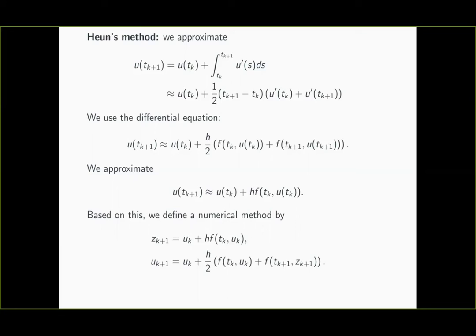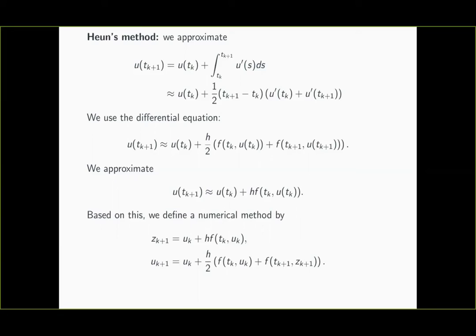As an inspiration for Heun's method, we then apply an additional approximation. Namely, we say that u at time tk plus 1 is roughly the same as u at time tk plus h times f at tk, u tk. These two approximations lead to the following numerical method, where each iteration consists of 2 computation steps. So let's suppose I've already obtained uk, an approximation of u at time tk. Then first I compute zk plus 1 equal uk plus h times f at tk, uk.